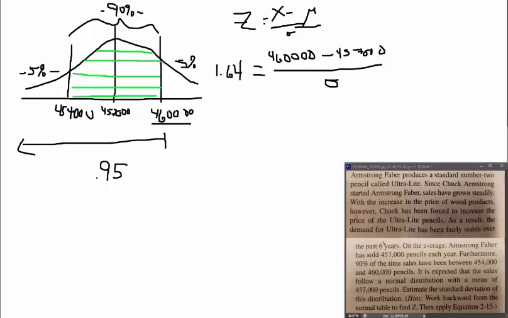So now I have 1.64 equals 460,000 minus 457,000 divided by a standard deviation. 1.64 equals 3,000 divided by the standard deviation. I now need to simplify.